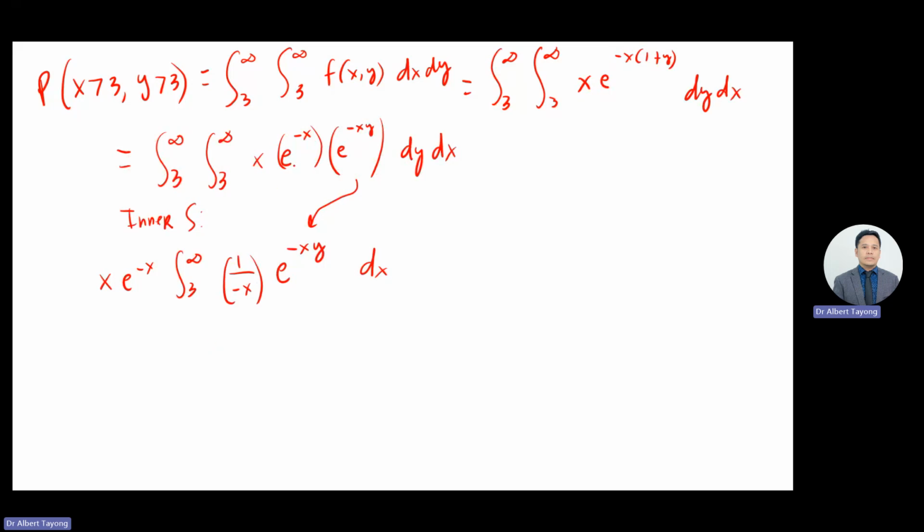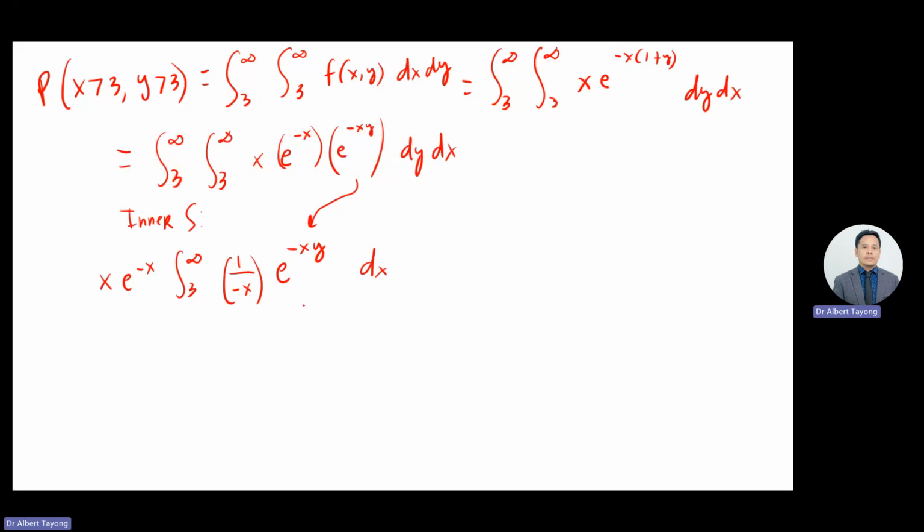So I have already calculated this. We have e raised to the power of negative xy. The integral of that is 1 over negative x times the whole thing. And this one, I put this one outside, x times e raised to the power of negative x. And this one is for the first one, the one on the left. And that's why I put here the dx. So the dy is removed because already I calculated the integral of these with respect to y.